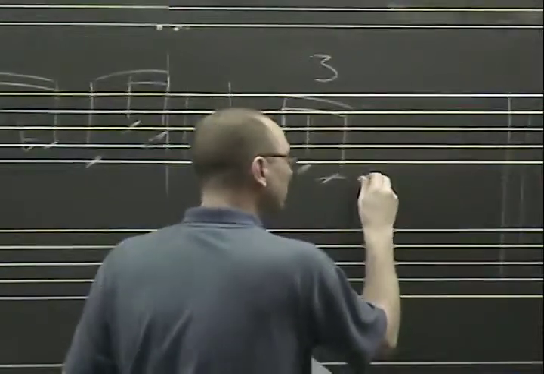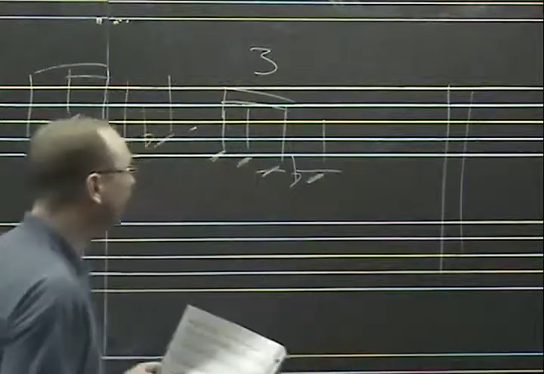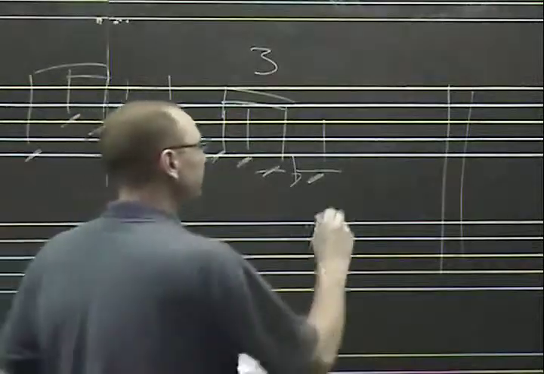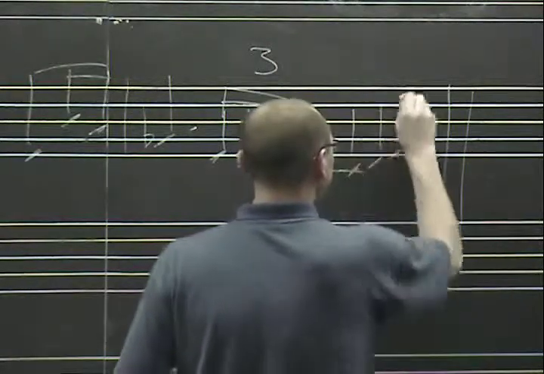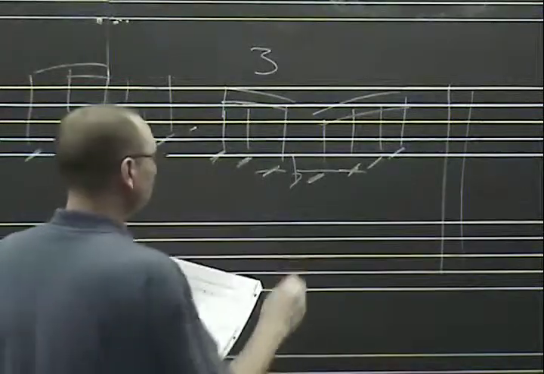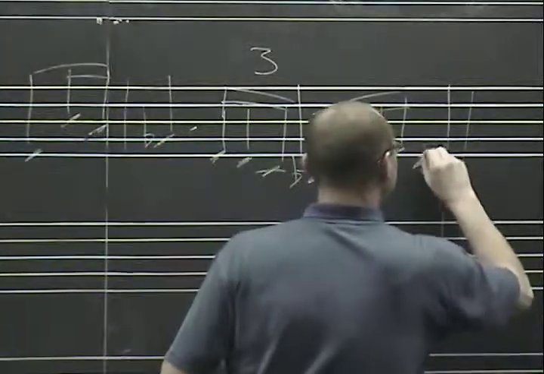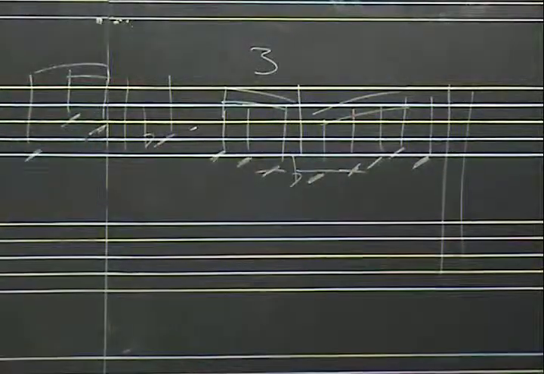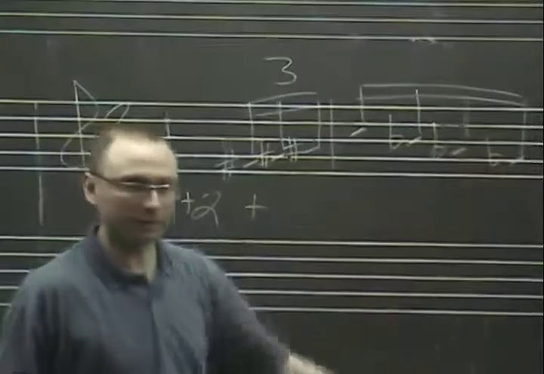Now here, descending a whole step to B flat. Your bar line is here, and the last pitch is D. Okay, so this is just rolling within the whole tone scale.